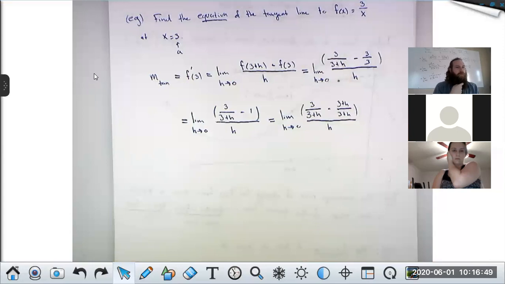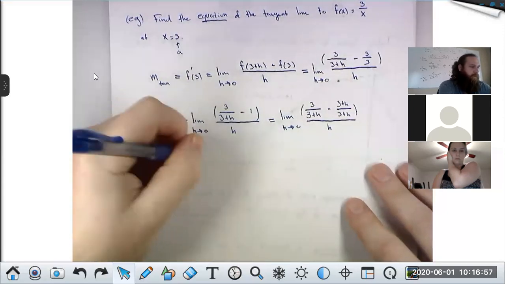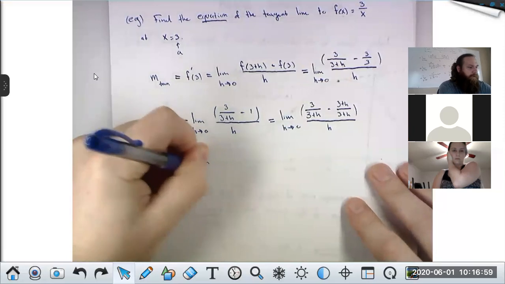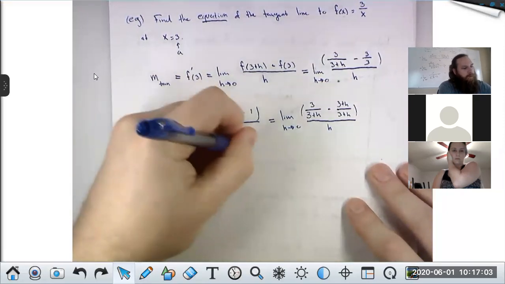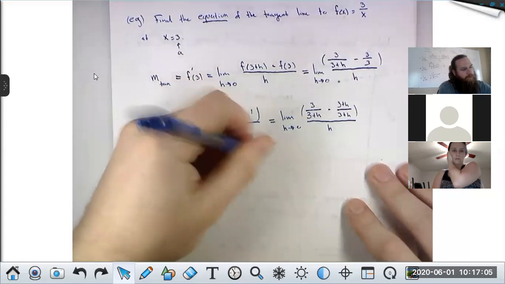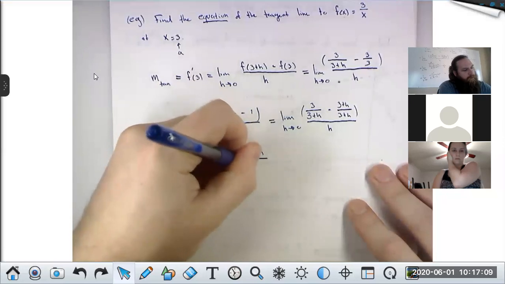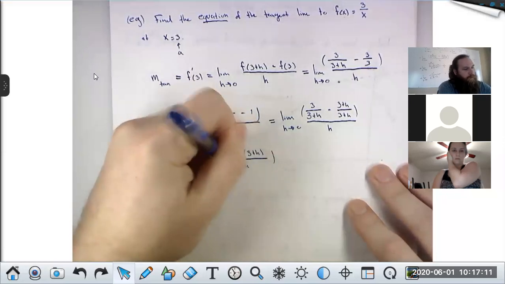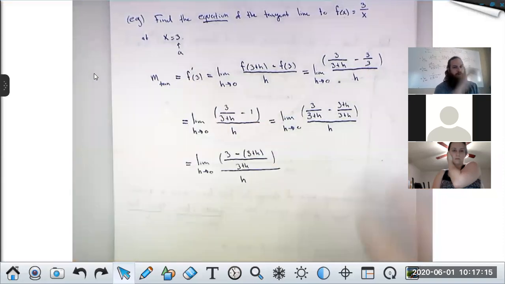Now that the two fractions upstairs have the same denominator, I can write them as a single fraction. So this is the limit as h goes to 0 of 3 minus parentheses 3 plus h all over 3 plus h, all divided by h.